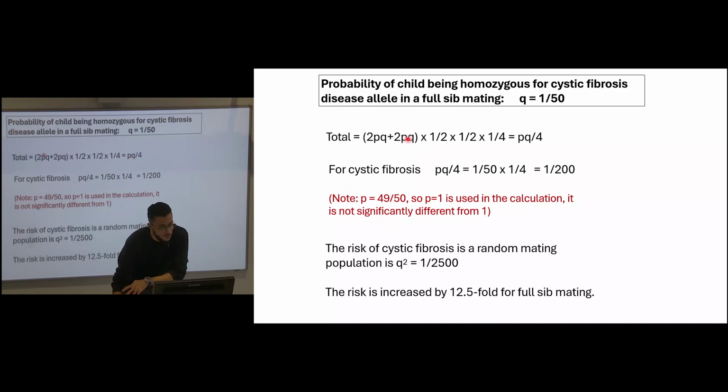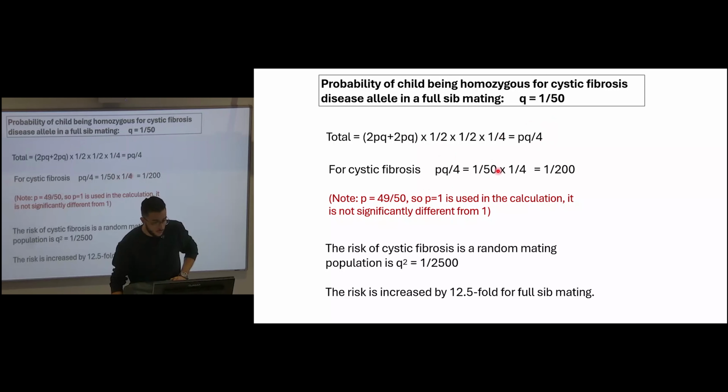We have 2pq plus 2pq times 1/2, 1/2, 1/4, which gives you basically pq over 4. So let's consider it from now on just pq over 4. For cystic fibrosis, q is 1 over 50. If you remember, that was the q last lecture. P is 49/50, but it's so close to 1, you just consider it as 1, okay? You don't break your head with this.